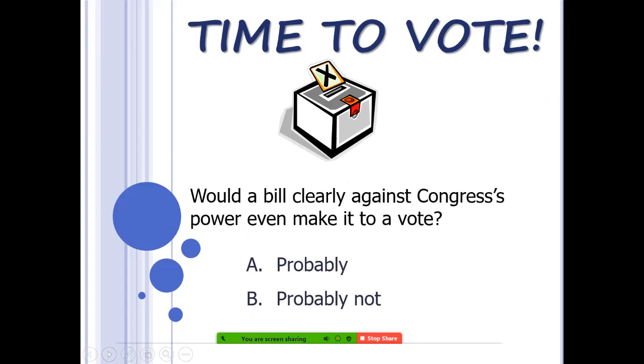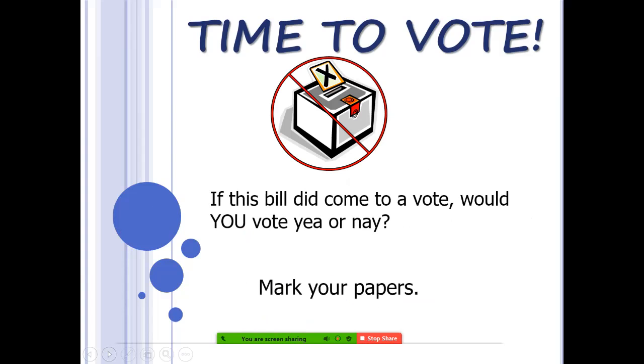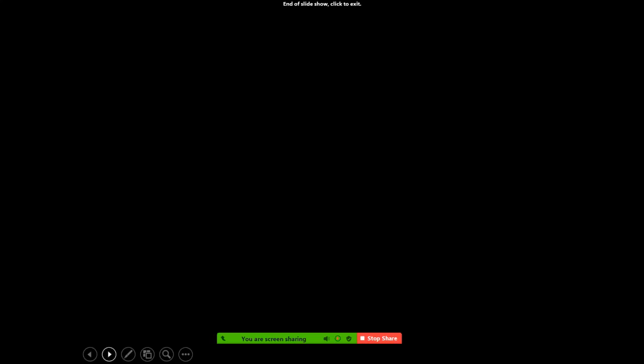Well, funny story is, yeah, it might make it to a vote, and then it would immediately result in a lawsuit that would go to federal court, and this law would be struck down as unconstitutional. But there's plenty of history of passing things that are clearly unconstitutional. Would you vote yay or nay? That's up to you.